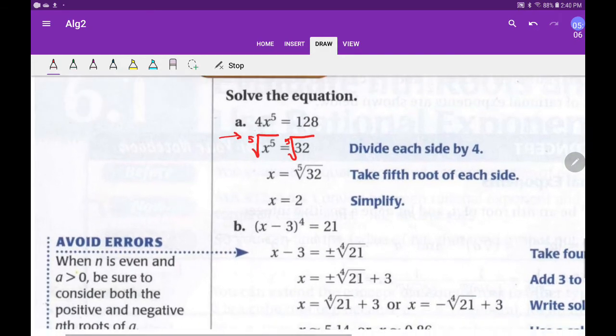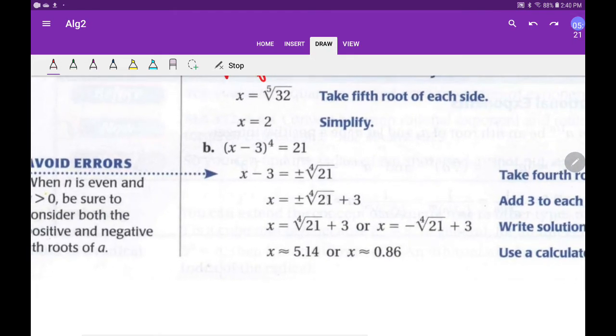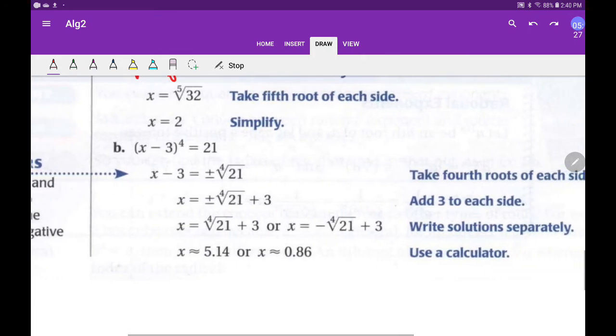And you remember when it's an odd index, when it's an odd root, we just get a positive answer. Okay? Now, this time down here, I'm going to take the fourth root of both sides. And so I'm going to have to think about plus or minus. You can see they say plus or minus. And, you know, I guess if I use my calculator to find the fourth root of 21, how would I find that?